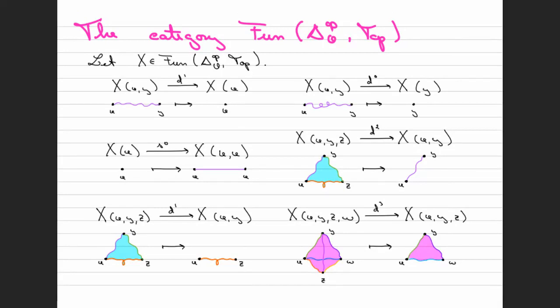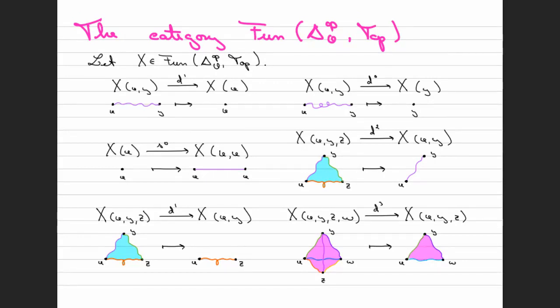So in this case, d1, you delete the vertex in position 1. So that's y. You delete y, and what do you get? You just get this line. Similarly, in the first one, for example, delete 1, you also delete y. So you just get the vertex, since you cannot have a line that ends nowhere.